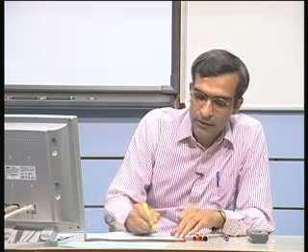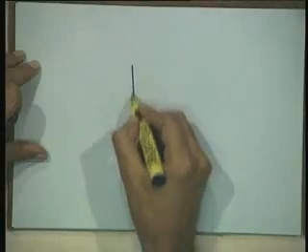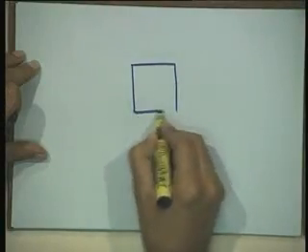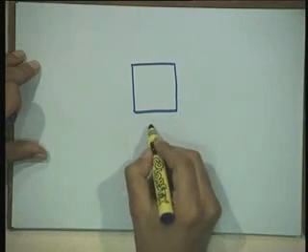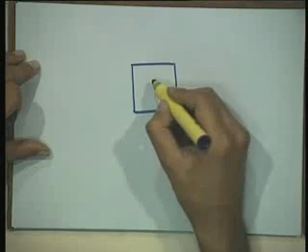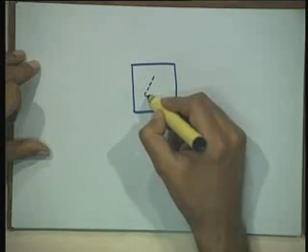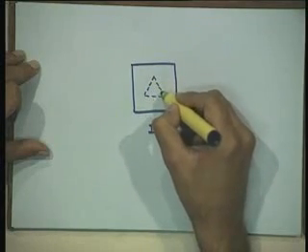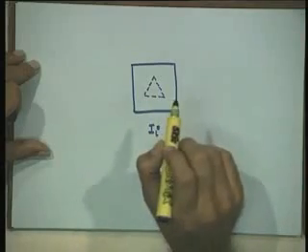Okay, so what is the question we are asking? We are asking that there is an image which is the intermediate image. So I'll just draw one triangle, and that can be generalized.